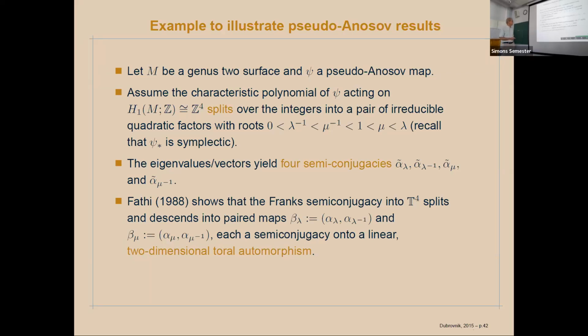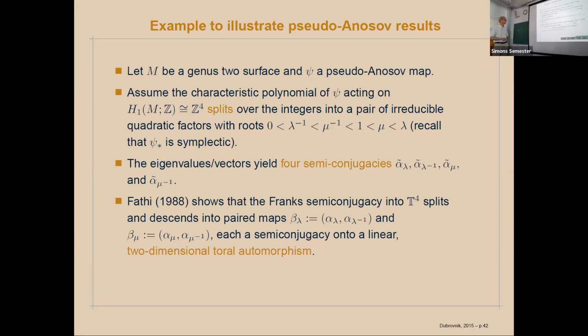And so we put all these pieces together and we get 4 semiconjugacies. Each one of these are the stable, these are the unstable. We put them together. And what Fathi showed is that, in fact, the semiconjugacy splits into 2 pieces because of the splitting of this polynomial.